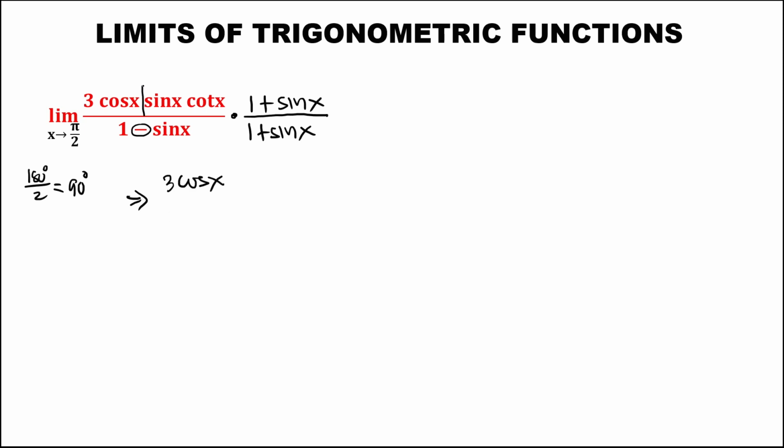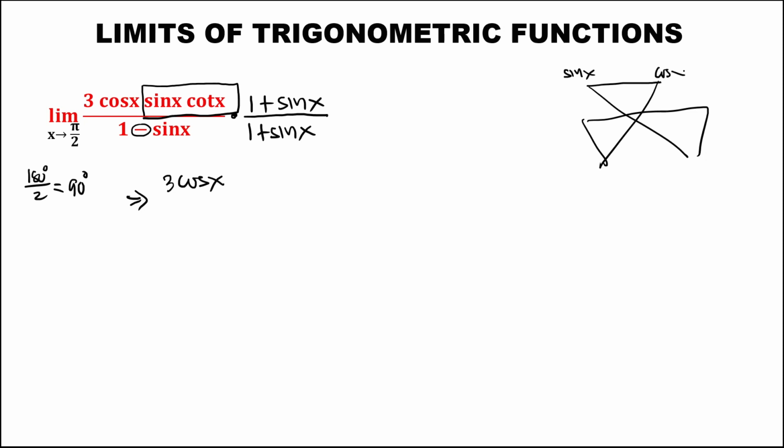And take note that for this sine x times cotangent x, there is an identity, because using this figure, if we multiply two functions, the result is the middle function. So this is sine x, cosine x, tangent x, cotangent x, secant x, and cosecant x.